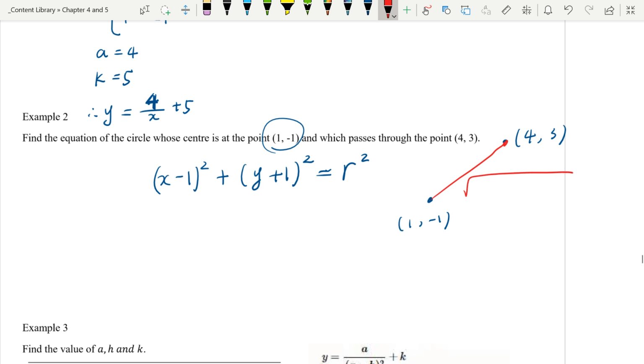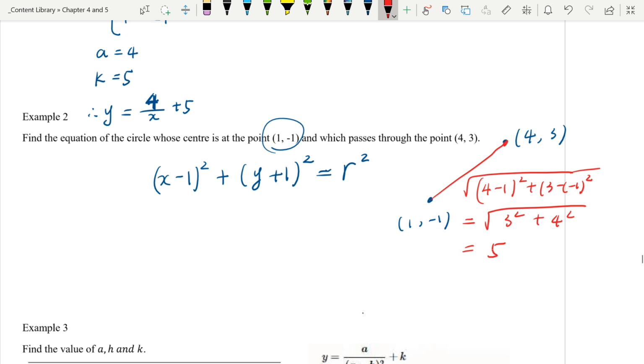So 4 minus 1 squared plus 3 minus -1 squared, and that is 3 squared plus 4 squared, and I think that's 5.